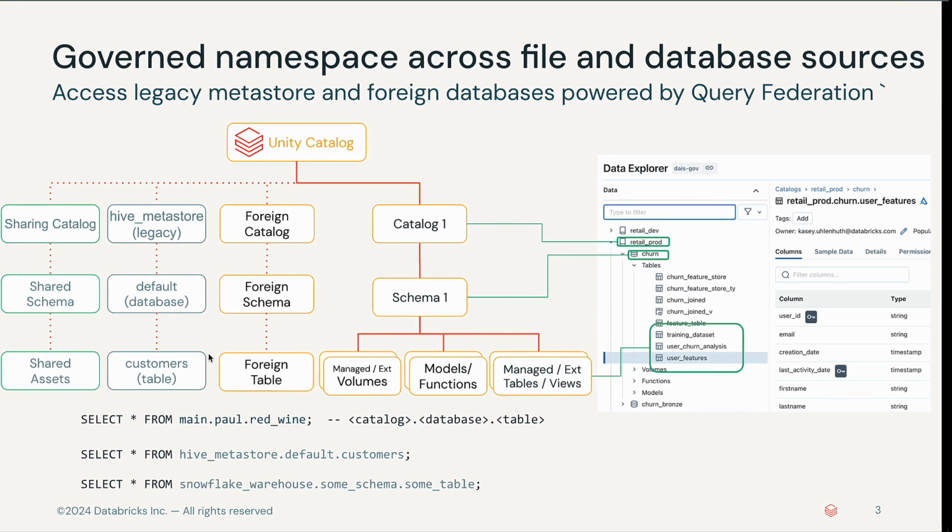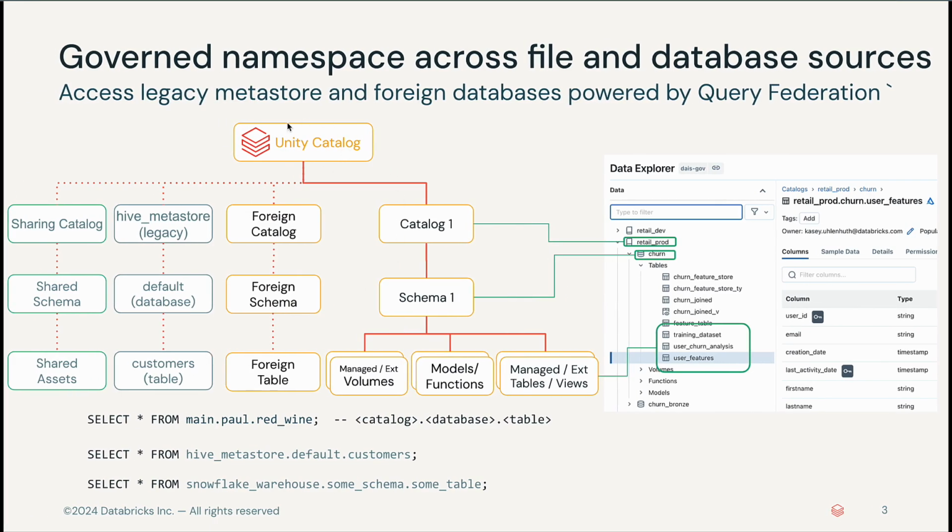So if we go back to our diagram here, if I create a storage location at this top level for my Metastore, and I don't define a storage location at the catalog, schema, or asset level, then the data for those assets will be stored in the Metastore location here. I can override this at the catalog level, at the schema level, and at the asset level. So you can override this location at all three levels here.